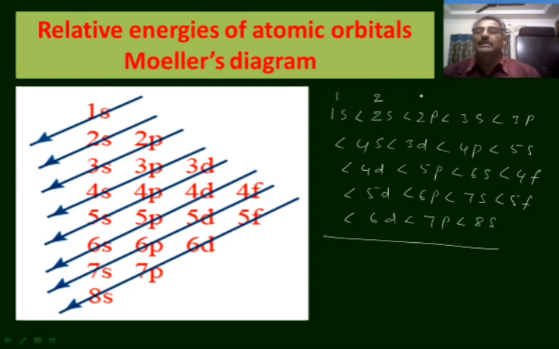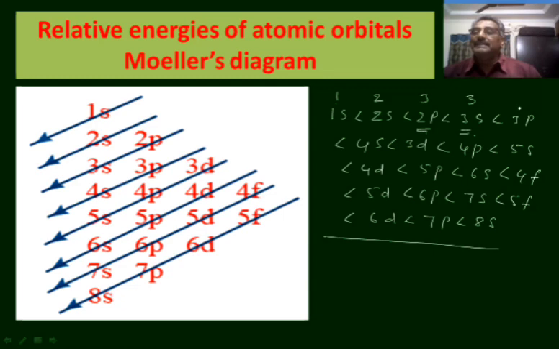For 2p orbital, the n plus l value is 2 plus 1, that is equal to 3. For 3s orbital, the n plus l value is 3. For 2p and 3s, though the n plus l values are 3, 2p has a lower principal quantum number than the 3s orbital, so energy of 2p is less than 3s orbital.